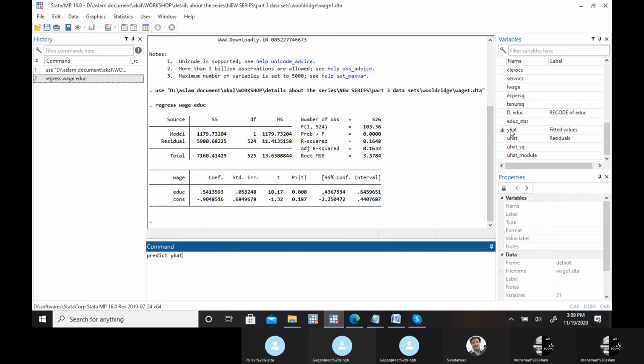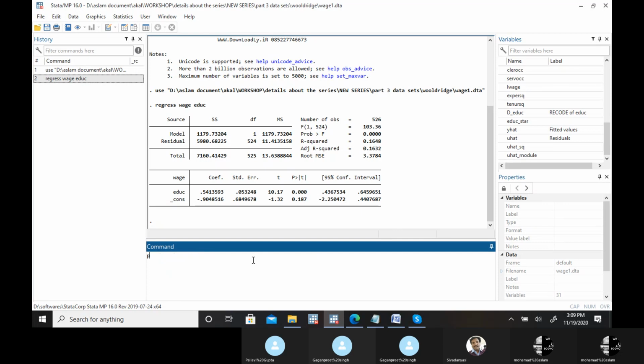I already have it, so I'm not running this command. Then we also need U hat. So predict U hat, comma residual. It will give you U hat.